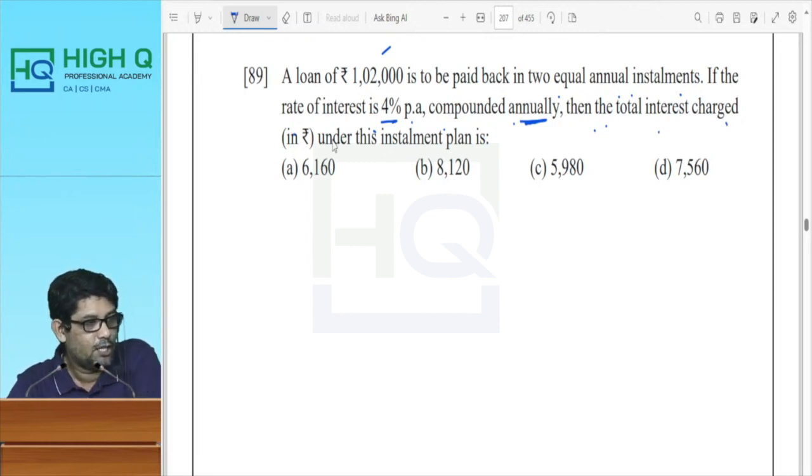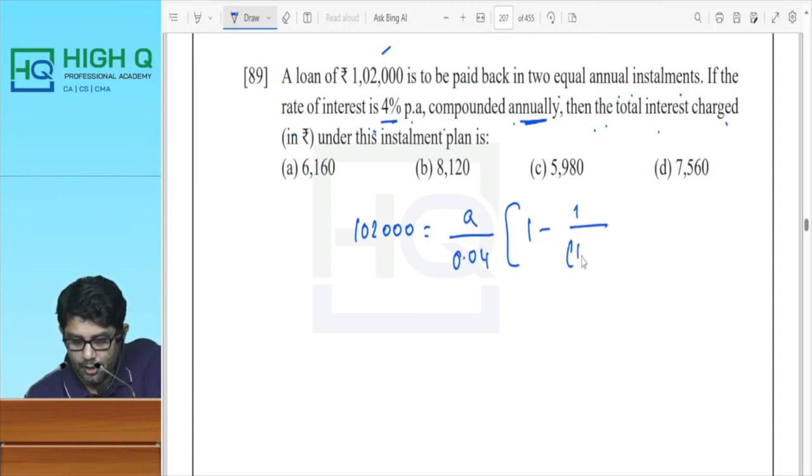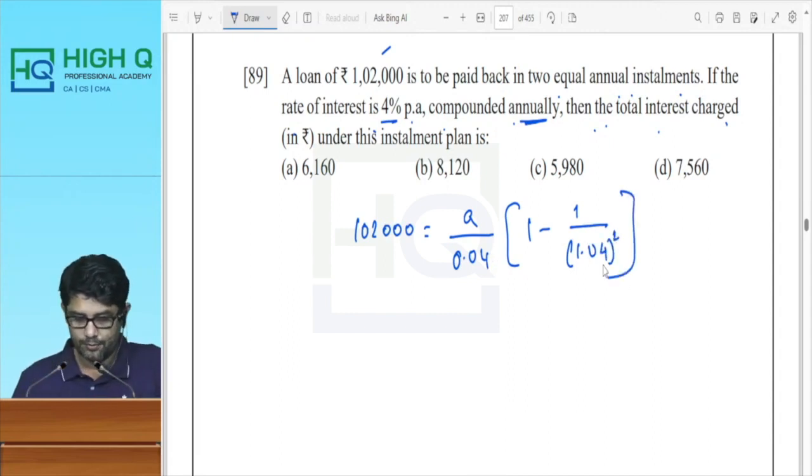Now, shall we find the installment amount? Let us find the installment amount. 1,02,000 is equal to A by i into 1 minus 1 by 1.04, it is annual only, na, whole square. Can you find what it is?